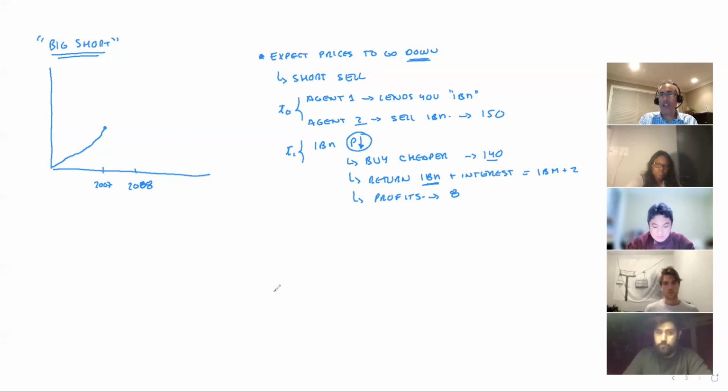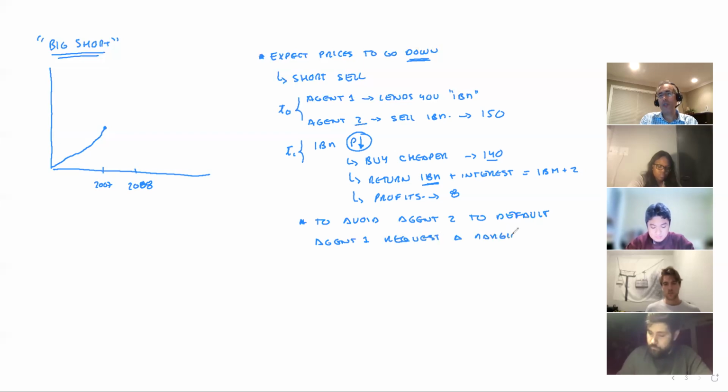So to avoid agent 2 defaulting, agent 1 requests a margin from agent 2. So what is the margin?